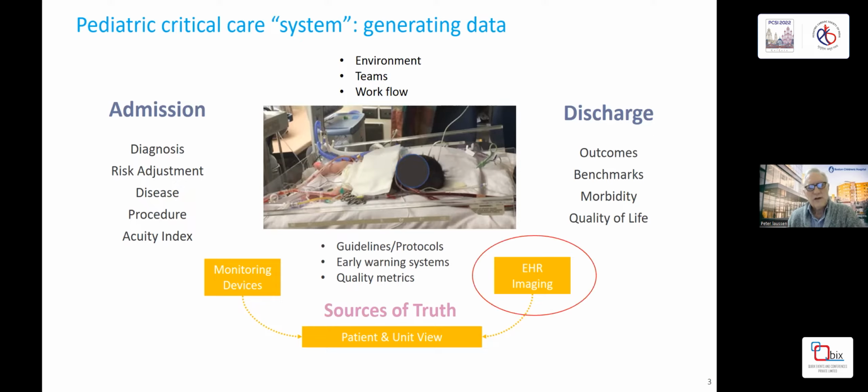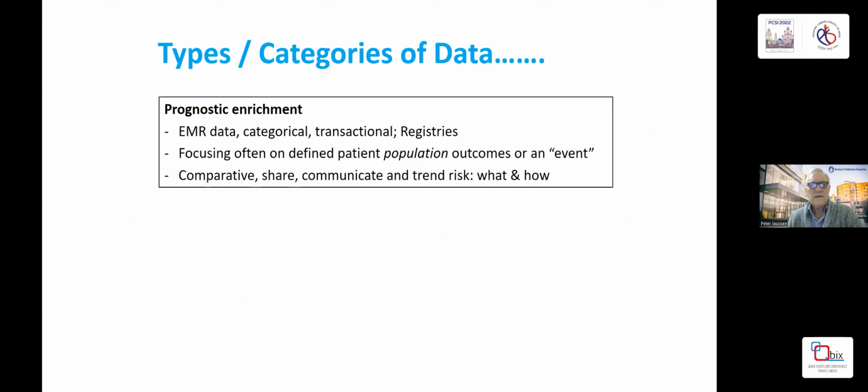And then we rely on the electronic health record, in particular, imaging data, to help us with the various decisions we need to make. It's important to understand that the type of data that is generated in that type of circumstance, when we're relying on the electronic health record in particular, is that the data enables what I call prognostic enrichment.